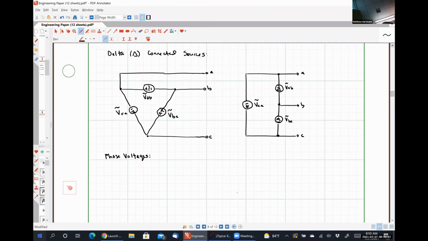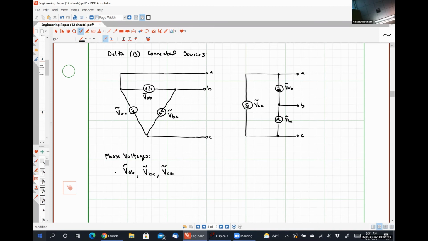So I would argue that the voltage drop over our A phase is the voltage VAB. The voltage drop over our B phase is VBC, and the voltage drop over our C phase is VCA.